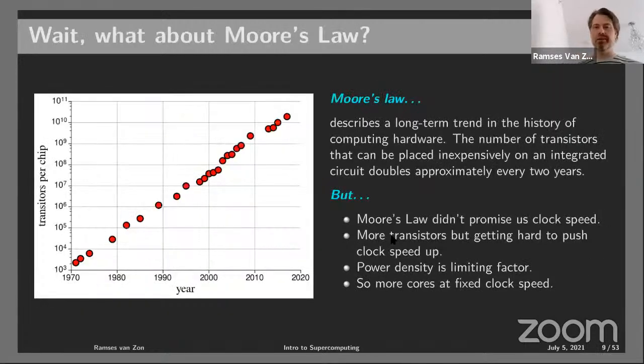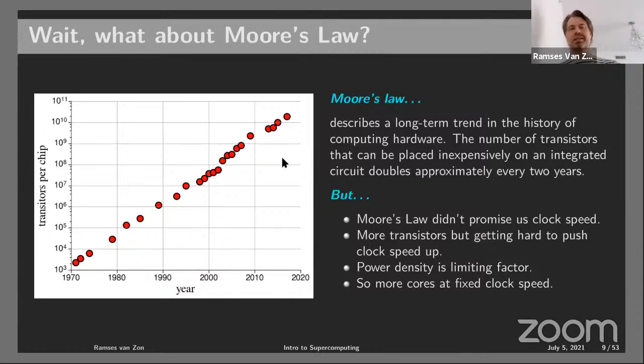Now, I already said this a bit, but there's this thing called Moore's law. You might have heard of it. Moore's law says that the number of transistors that can be placed inexpensively on an intricate circuit doubles approximately every 2 years. And so here's a plot, fairly recent, and it's remarkably true. This Moore's law was expressed, I think, somewhere in the 70s, so it's amazing that it held.